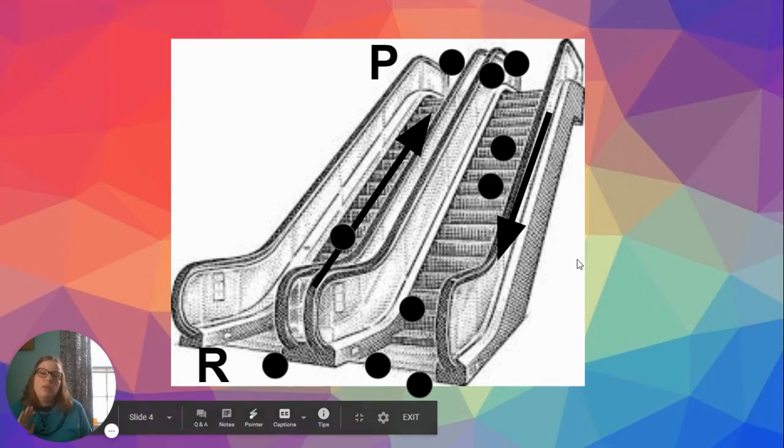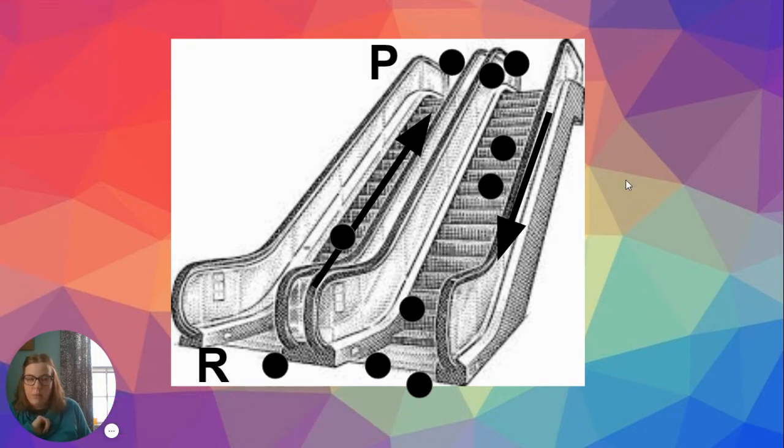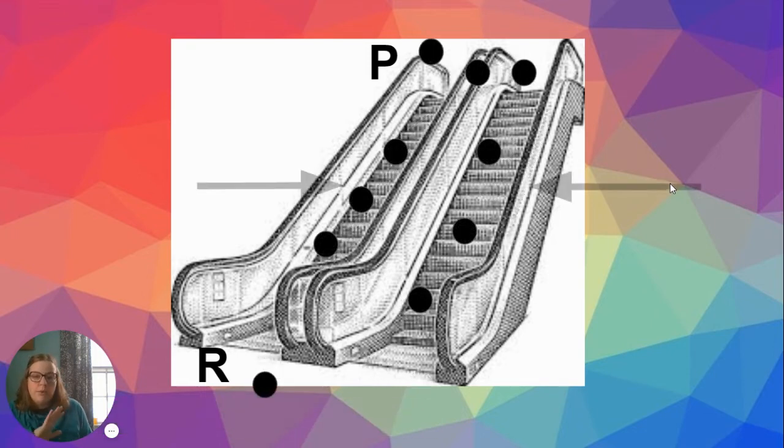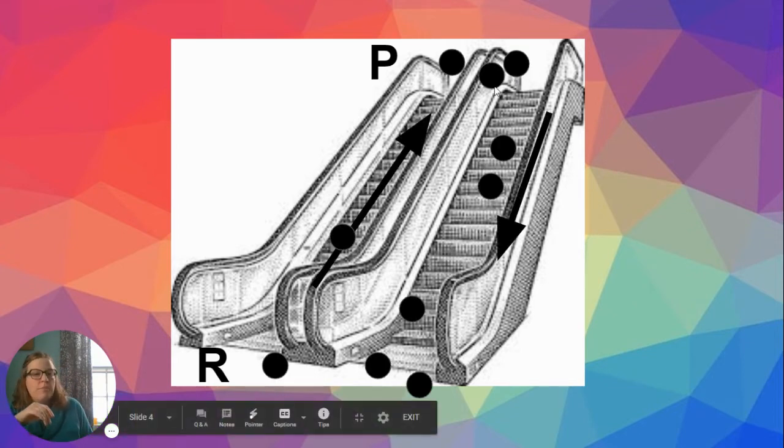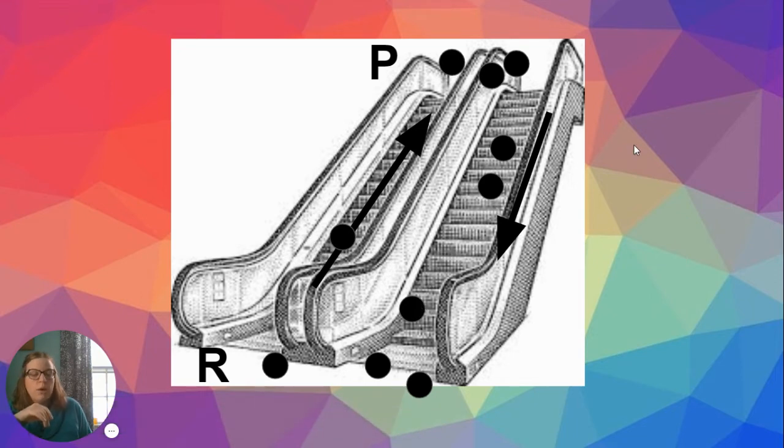So equilibrium is not at this point here. If you think about this, I've got 3 reactants and I've got 3 products. I am not at equilibrium at this point. I reach equilibrium when I have the same number of particles on the escalator. So if you think about it, if I go back one, equal amounts here, but I've got 3 particles going down and 1 particle going up. So I'm not at equilibrium.